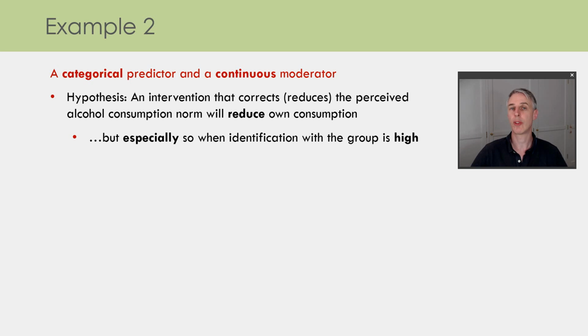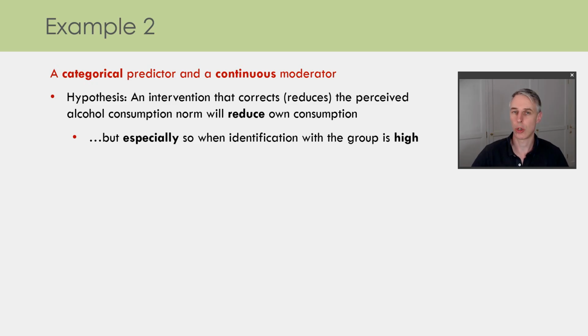And they develop an intervention that is designed to change or correct people's misperceptions of how much other people around them actually consume alcohol. And specifically, it gives people information that people tend to drink a lot less than you might think. So in other words, the norm of the group is lower than you think, and that should in turn pull down people's own alcohol consumption intentions.